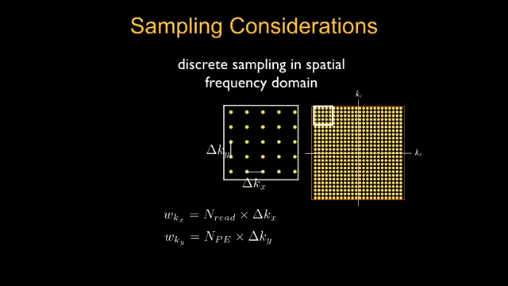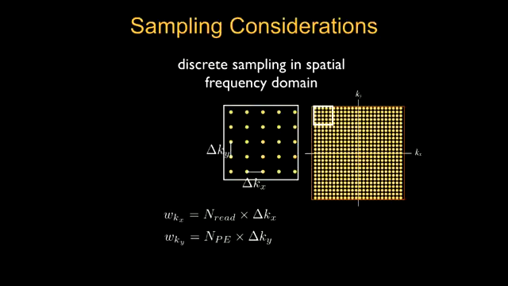So again, the distance is delta ky, and how many points you acquire times delta kx will be WKX, and how many points you acquire in the phase encoding direction times delta ky will be WKY.